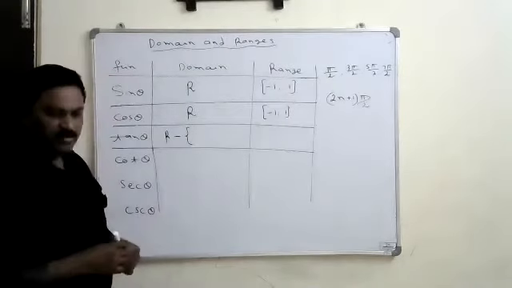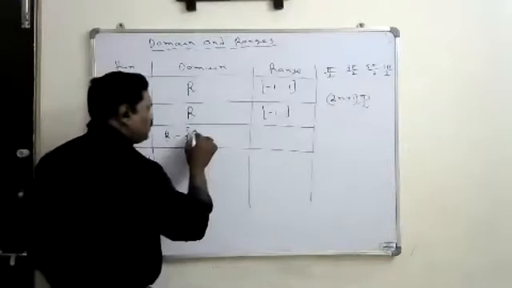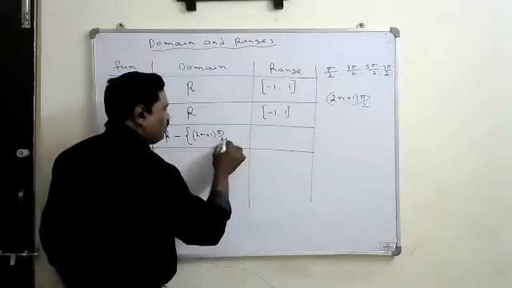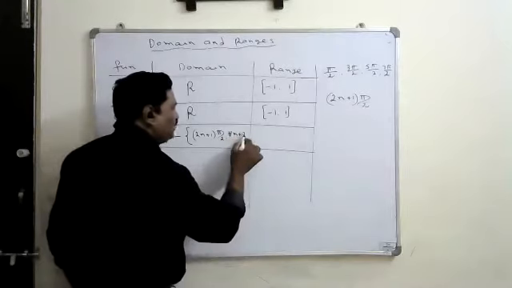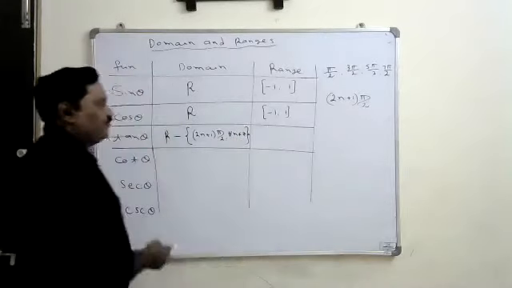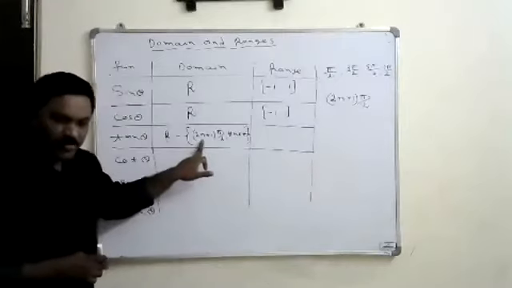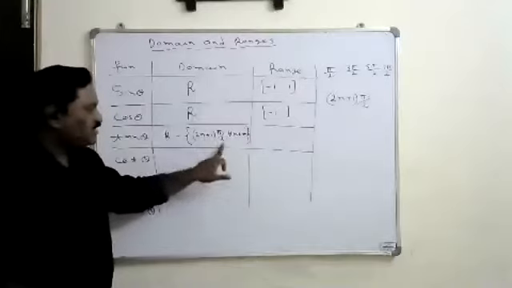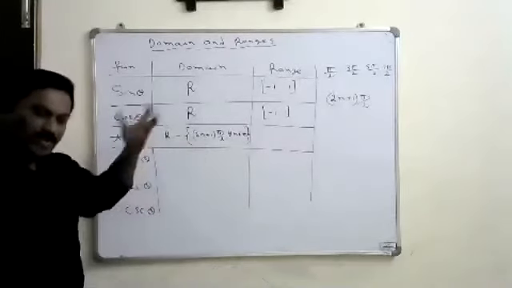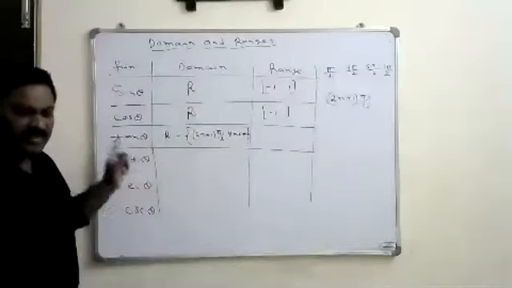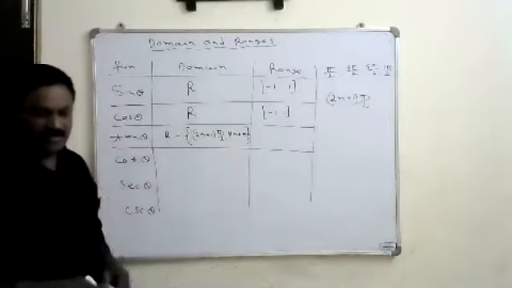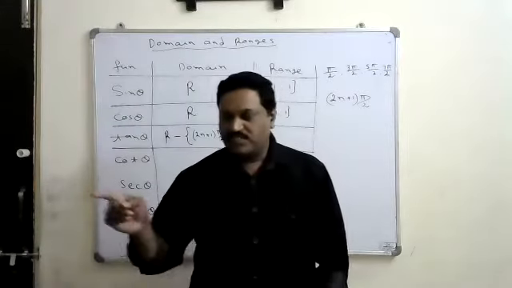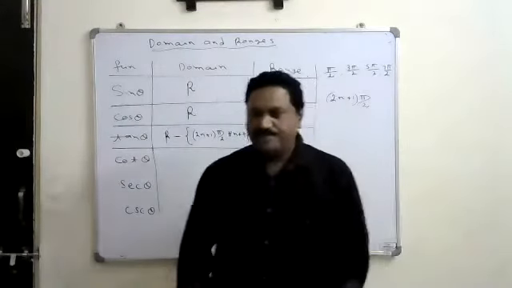Keep two brackets, don't keep any other bracket. (2n plus 1) into pi by 2, where n belongs to Z. Z represents integers. So, odd multiples of pi by 2, we can't take. Therefore, we will subtract these values from all the real numbers. All the remaining values of theta we can take. That is the domain of tan theta. Understand that? Okay. Now, to find the range, we look at the tan values from the tabular form.